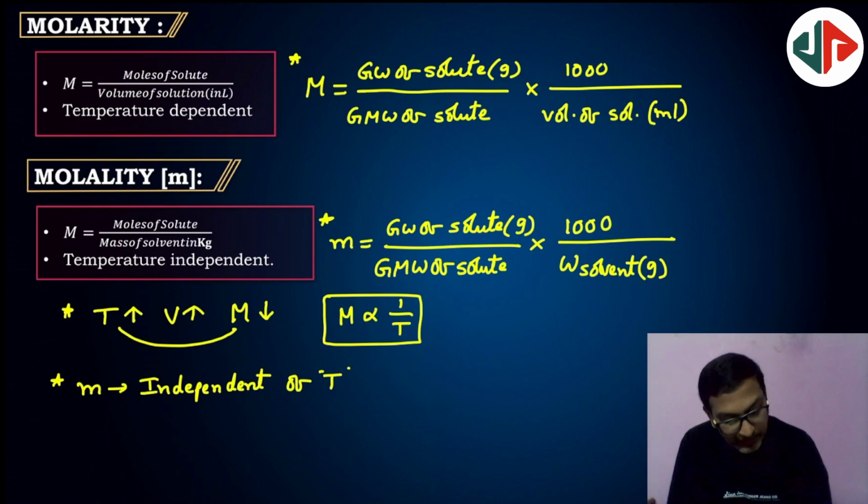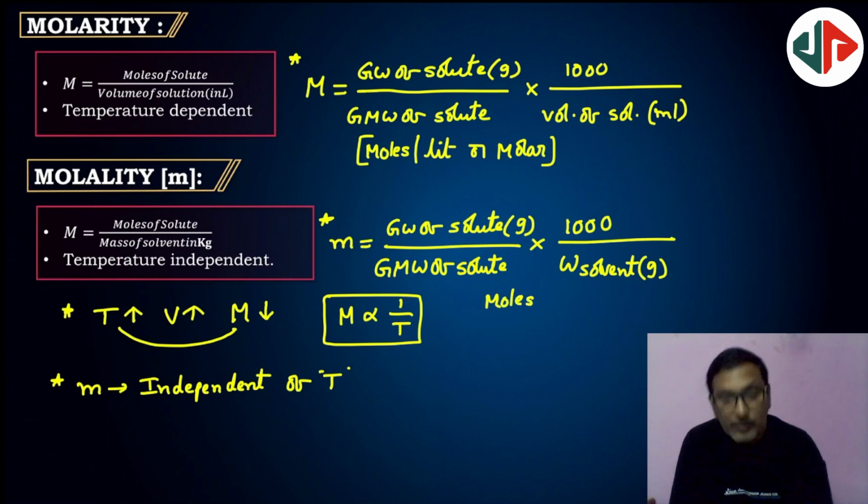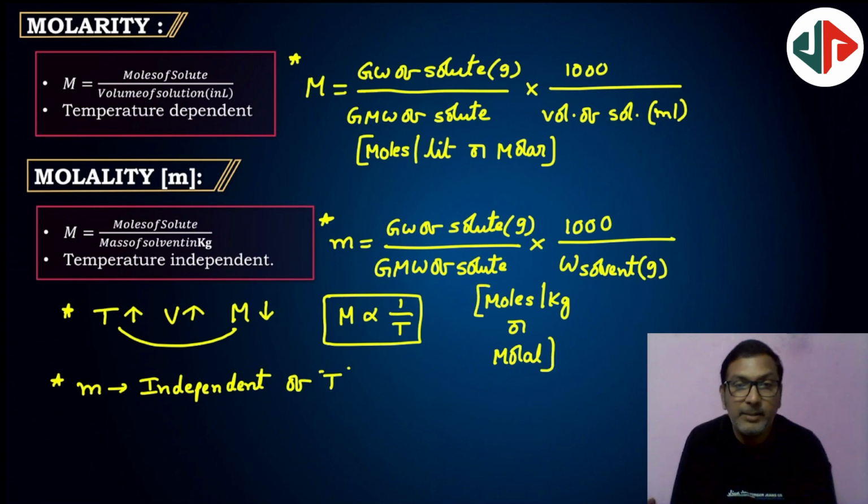Next, units are also very important. For molarity, moles per liter or molar. For molality, moles per kg or molal. Remember the units also. Next, one more point: the relation between molality and molarity.